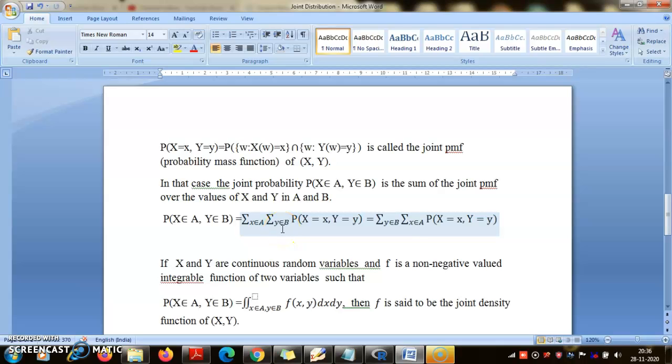That means when you have one discrete random variable and you know its probability mass function, the probability that X is in a set A is the sum of the probability mass function over the values in A. The same is the case when you have two random variables X and Y. In this case the joint probability is the sum over the values of X and Y in the sets A and B. Now this equation tells you that the order in which you add them does not matter.